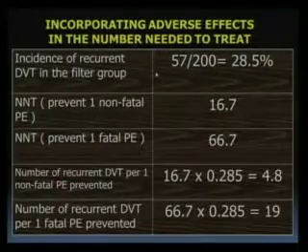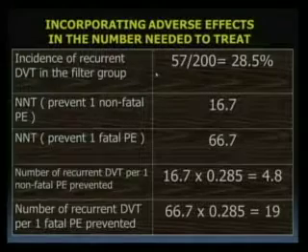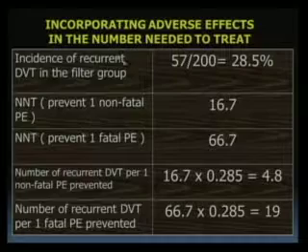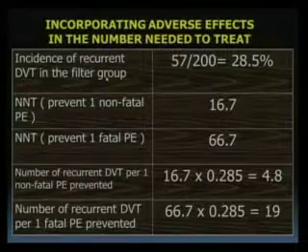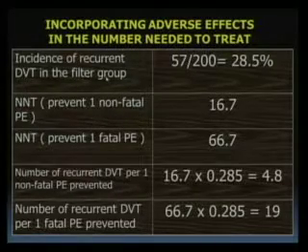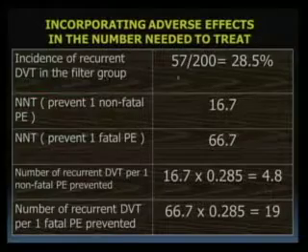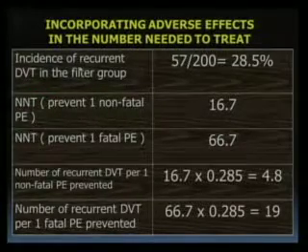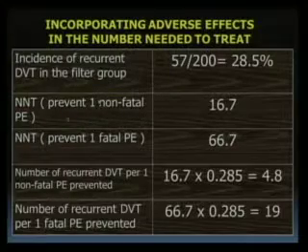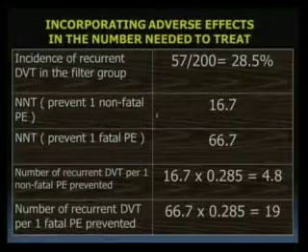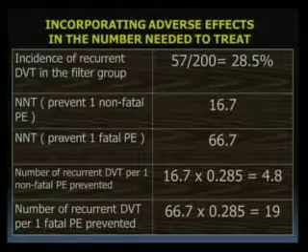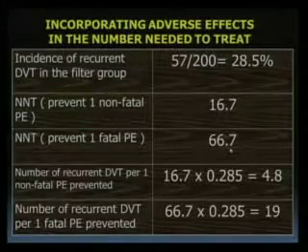But you should incorporate the adverse effect with the numbers needed to treat. This is the way to do it. What is the adverse effect that you don't want? Incidence of recurrent DVT. Among the population, the incidence was 28.5% in the filter group. The numbers needed to treat for prevention of one non-fatal PE is 16.7, or for one fatal PE, 66.7.